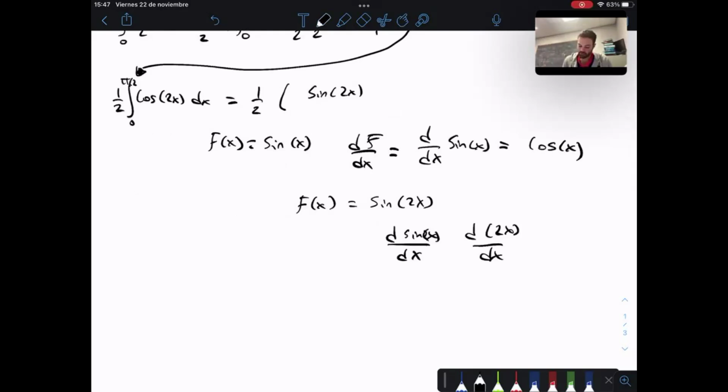This means that we're going to have cosine of 2x times the derivative of 2x with respect to x, which is obviously going to be 2. So we're going to have a factor of 2.